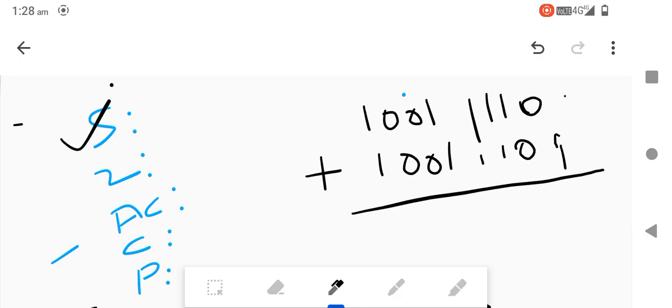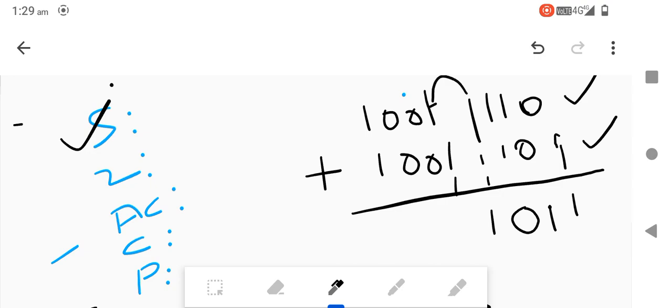So this is an 8 bit number and this is another 8 bit number. So 0 plus 1 is equal to 1, 1 plus 0 is equal to 1, 1 plus 1 is equal to 0 with a carry 1. So 1 plus 1 gives 1 with carry 1.